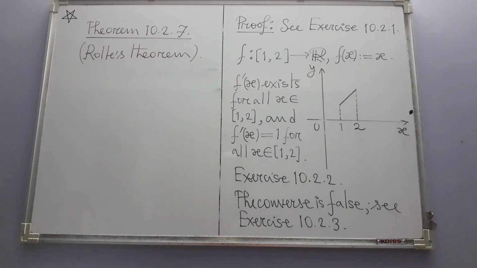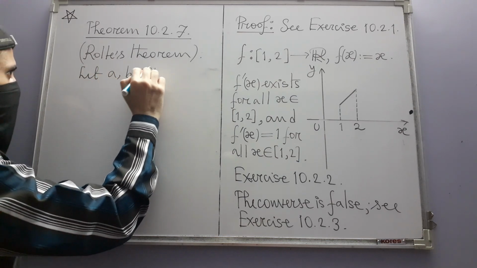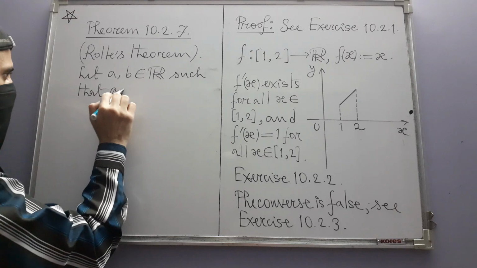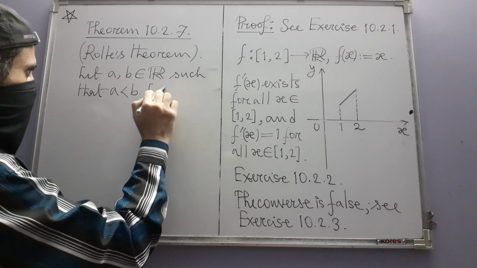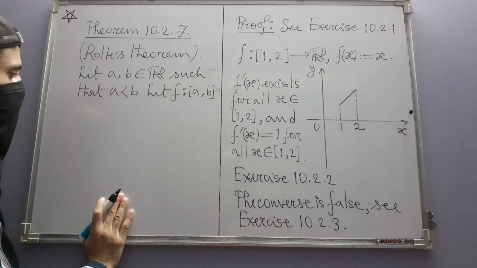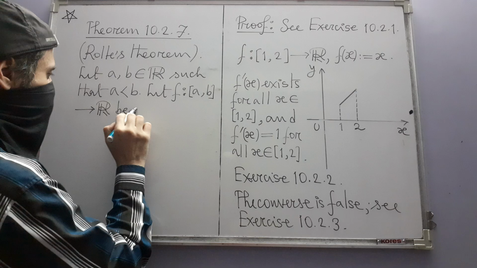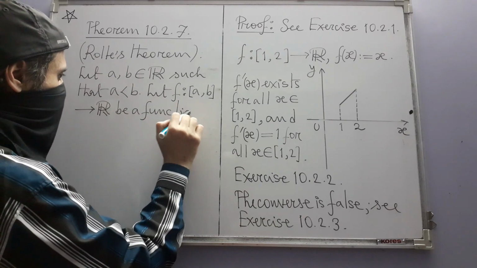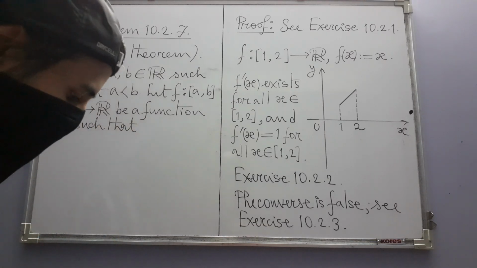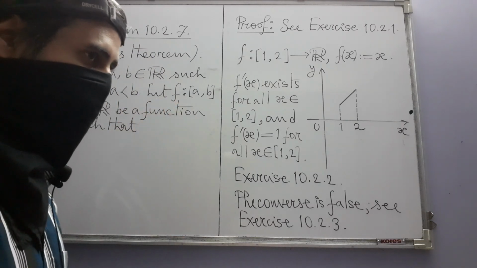The statement of Rolle's theorem is this: let A and B be real numbers such that A is less than B. Let F, this time however, we are going to consider a closed interval, be a function such that, for some reason the author has used G here instead of F, but it does not matter, of course.